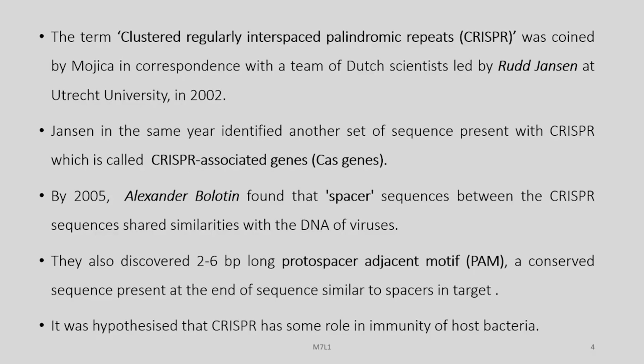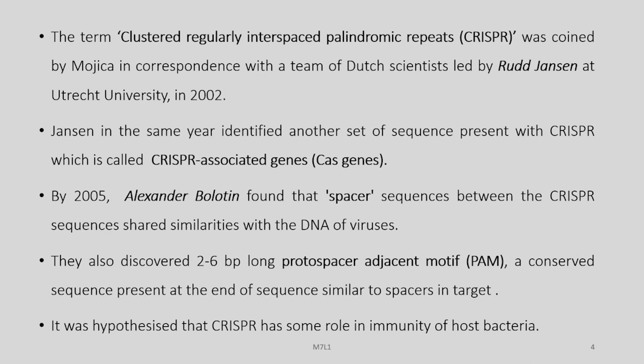The term clustered regularly interspaced palindromic repeats, CRISPR, was coined by Mojica in correspondence with a team of Dutch scientists led by Ruud Jansen at Utrecht University in the year 2002. Jansen in the same year identified another set of sequences present with CRISPR, which he named CRISPR associated genes or Cas genes.